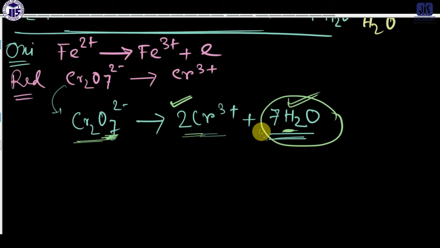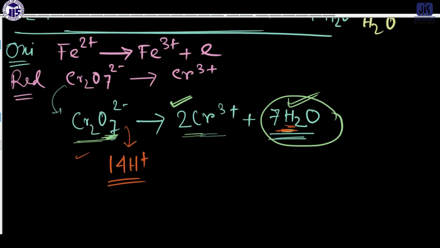To balance the hydrogen atoms on both sides, we have to add H plus, since it is an acidic medium. No problem, because H2SO4 is already present, so we can use H plus. So we add 14 H plus on the left side, and with 7 H2O, 7 times 2 is 14, so the hydrogen is balanced. This is the third step.